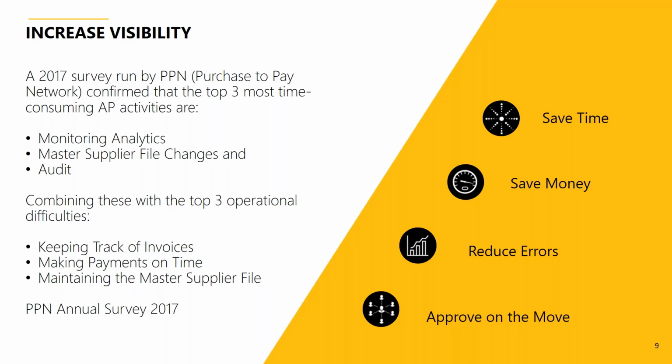So again, in the 2017 survey that was run from PPN, they confirmed that the top 3 most time-consuming AP activities were monitoring analytics, master supplier file changes, and audit, all of which are as a result of poor visibility. Combining those with the top 3 operational difficulties: keeping track of invoices because there's no visibility, making payments on time because nobody knows where the invoices are, and maintaining the master supplier file.